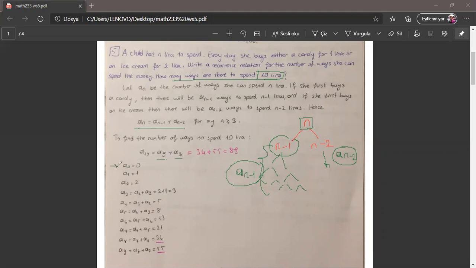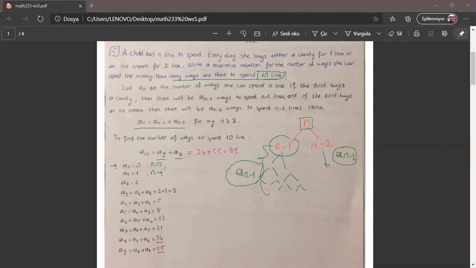We start with n equals 0 and n equals 1. Why, when n equals 0, is a sub 0 equal to 0? Because when she has no money, there are no ways to spend that money. That's why a sub 0 is 0.